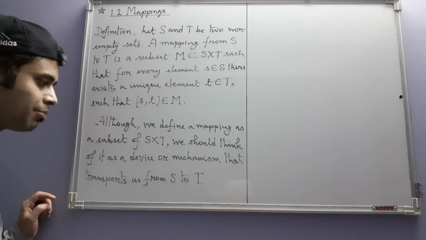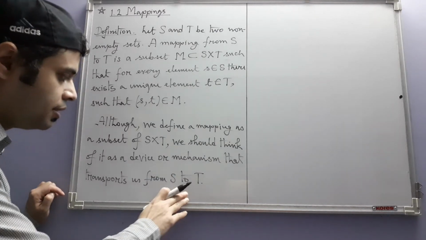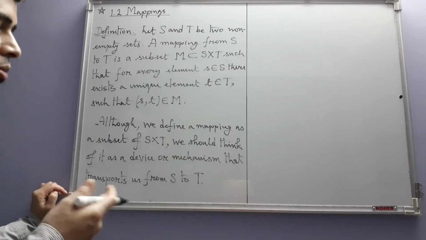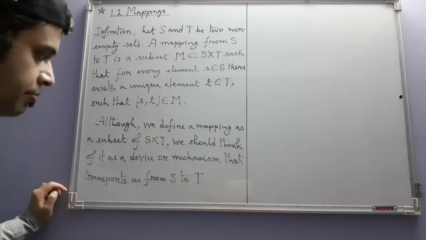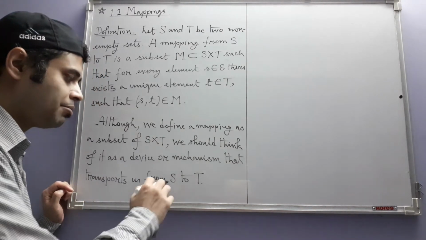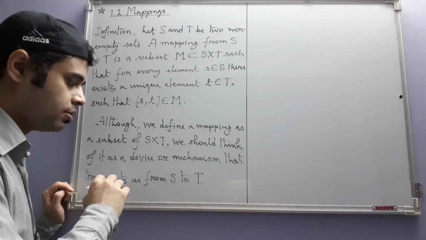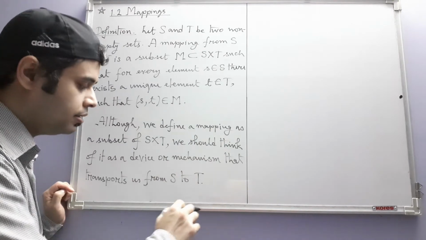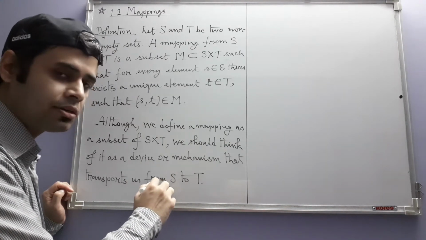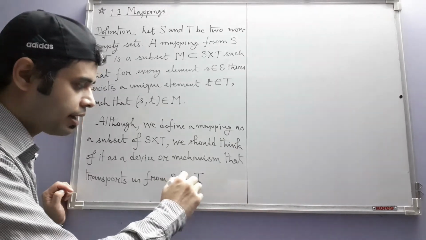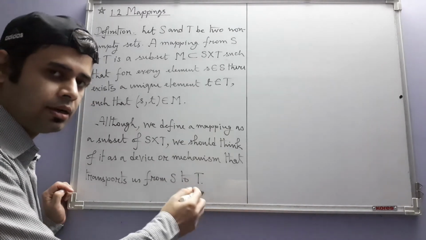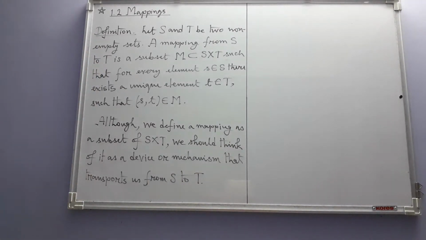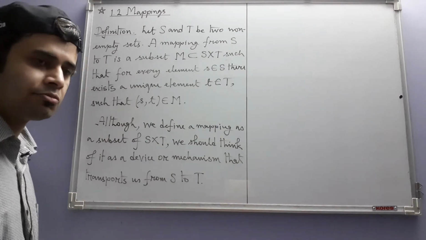Because we think of mappings like devices in which if we put some element of S as an input, then we get an element of T as an output, or we sometimes also think of a mapping from S to T as a device that physically transports us from S to T. We sit at one element of this set S and we end up at some element of the second set T. So that's how we think of mappings, and that's how we should think of mappings.